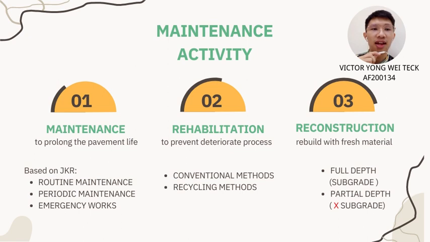The functional defect concerns the surface of the road, while the structural defect involves the whole structure of the road. Reconstruction can be divided into two categories: full depth reconstruction and partial depth reconstruction. Full depth reconstruction includes the subgrade of the road, while partial depth does not include the subgrade of the road.